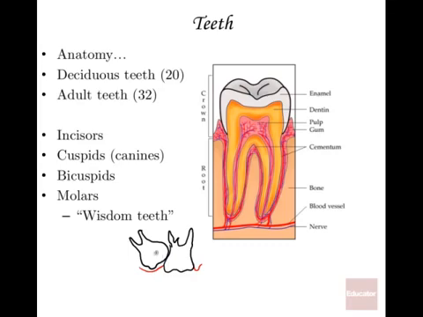And so the dentist said, hey, if we let this continue its path, over time they're going to keep pushing on those molars that are closer to the front and cause you a lot of pain, discomfort, and can actually disrupt the placement of your teeth. So they went in and removed all 4. So I actually have 28 adult teeth instead of 32.